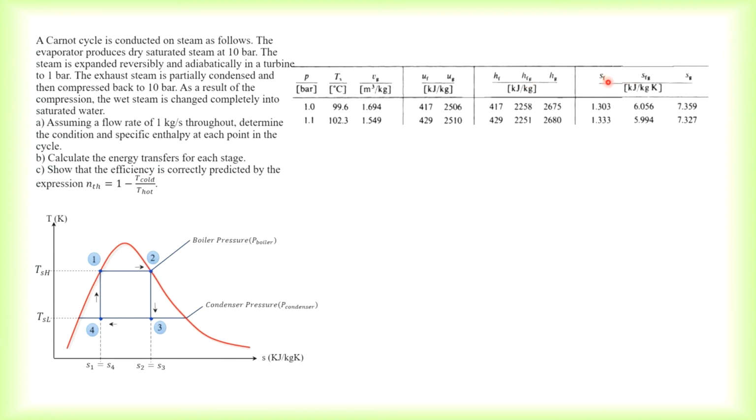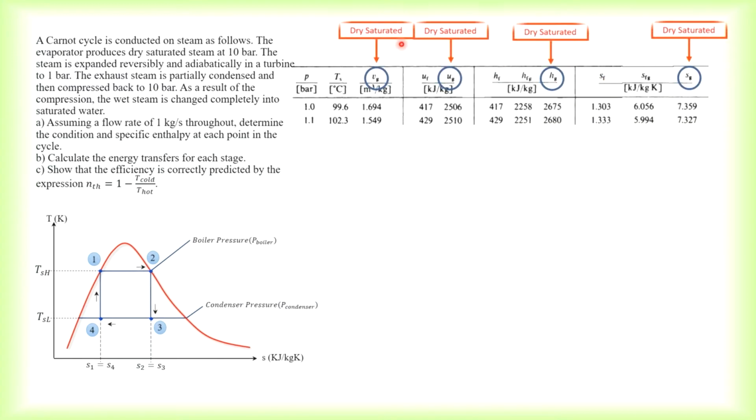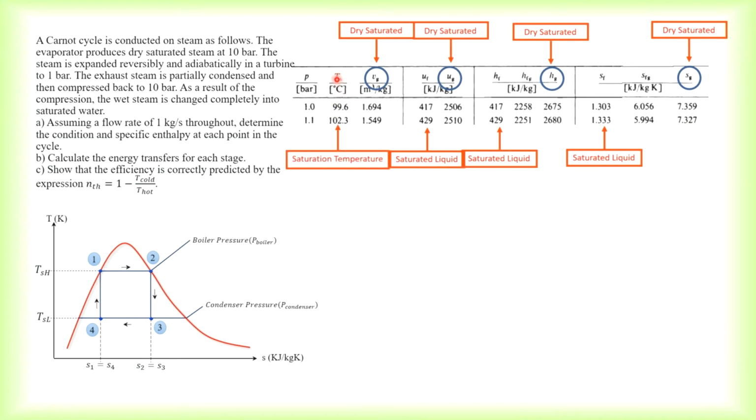S is entropy, F is liquid, G is dry saturated, SFG is Sg minus Sf. All these with G represent the dry saturated properties, and these with the F are the saturated liquid. So this is your saturation temperature. Okay, HFG is Hg minus Hf, or SFG is Sg minus Sf. And if you want to find UFG, you can take Ug minus Uf.